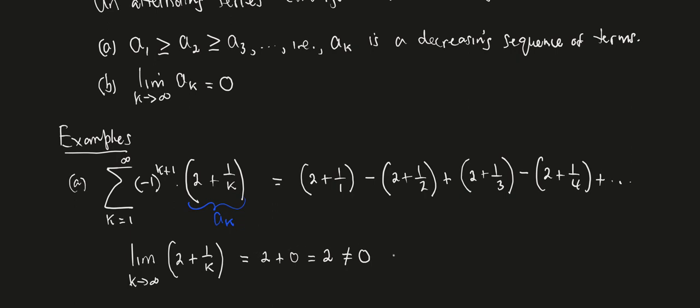So what is our conclusion? Then we can say that this alternating series diverges.